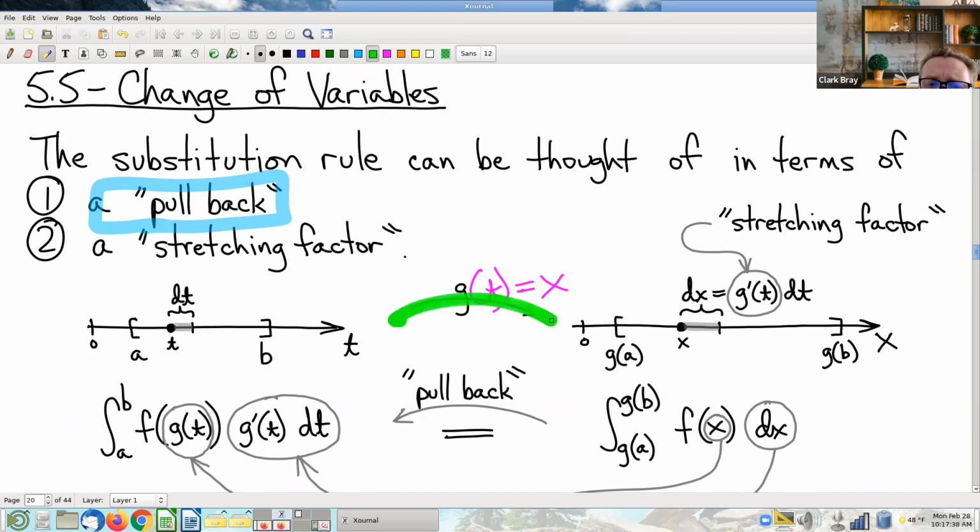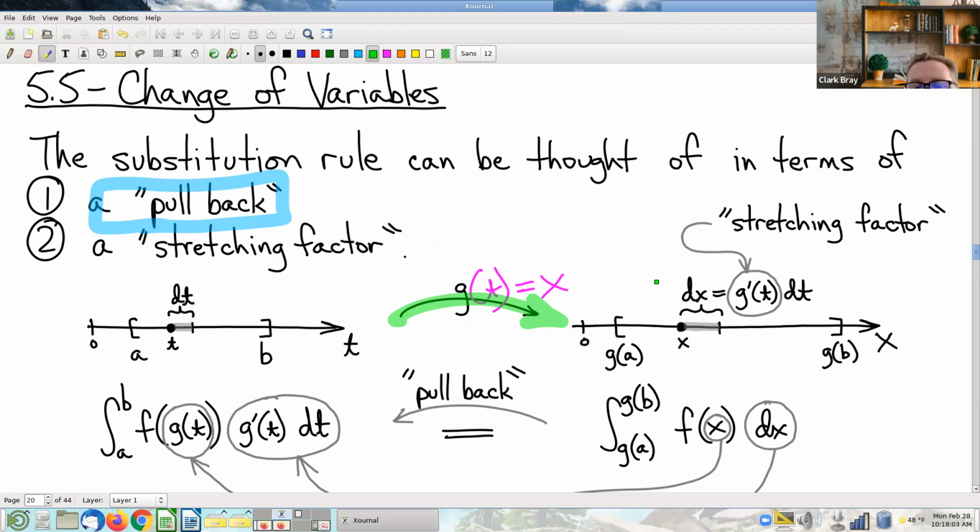When a function is like this, points go that way, right? If I have some value of t, plug it into the function, what's the result? Well, it's a value of x. So points go left to right. Expressions do the opposite.